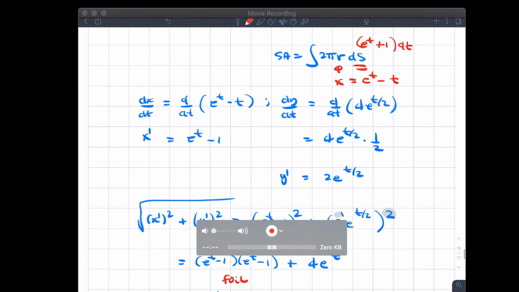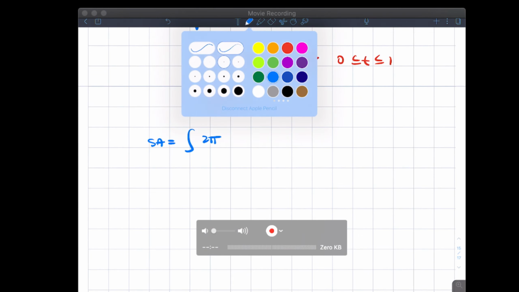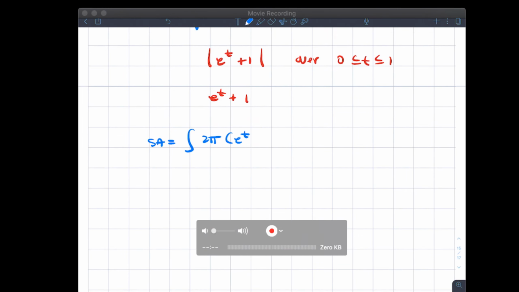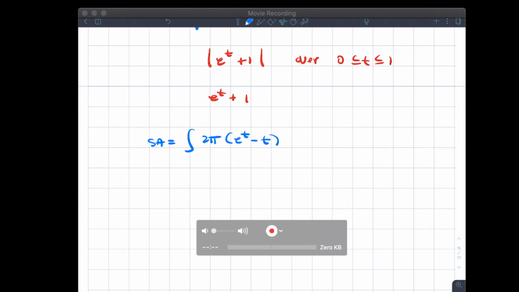So 2 pi times (e to the t minus t) times the ds we just found, which is (e to the t plus 1) dt. And this is from 0 to 1.